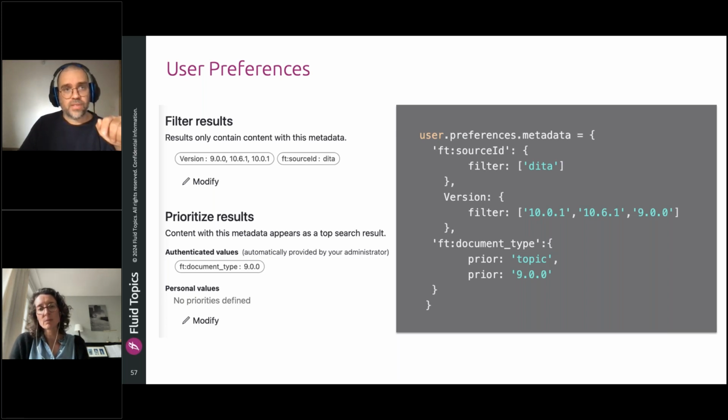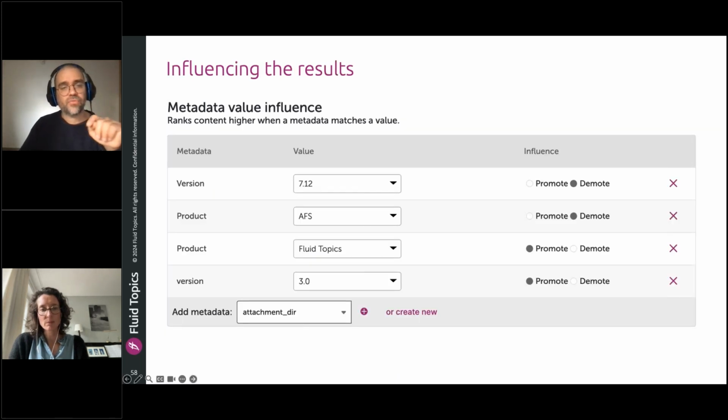The user's preferences are configured thanks to metadata, and they differ slightly from the influence of the results. What I described just before is related to the user's experience, but also the search engine in itself has its own logic, and typically using also what we call a search business rule means that we leverage metadata keys and values to promote or demote content.